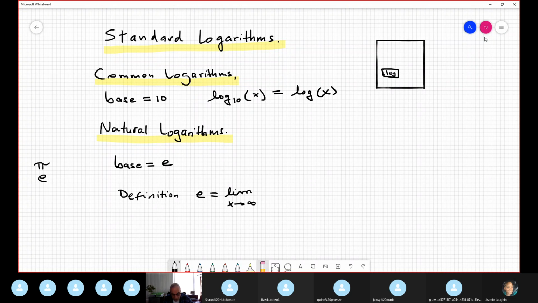It's very, very close. So, 1 plus 1 over x raised to the x power. Okay, this is the definition. Nobody understands anything, but the important thing is that this is approximately, in decimal approximation, 2.7182818, and because it's an irrational number, you know that an irrational number has infinite non-repeating decimal places.